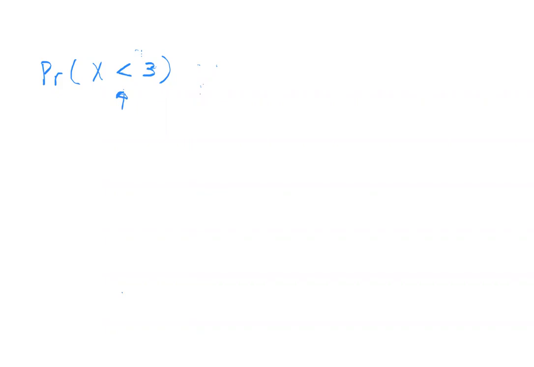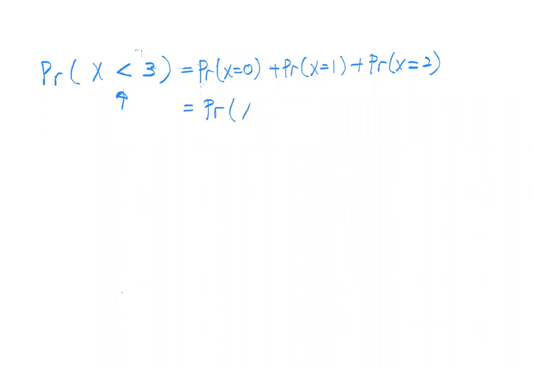So that means this is the same as saying probability X equal to 0 plus probability X equal to 1 plus probability X equal to 2. And you have to stop because it's discrete. Cannot take 3. So this is the same as saying X is less than or equal to 2.